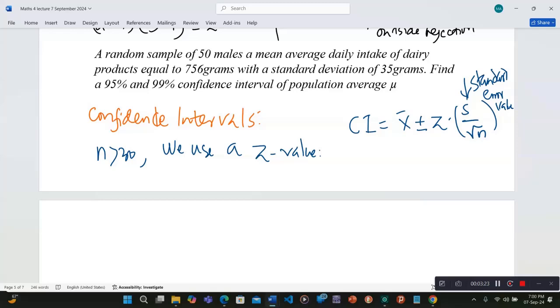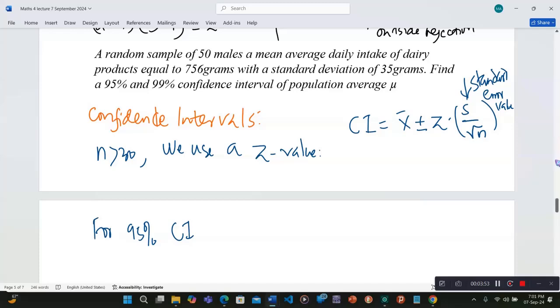So you have to determine, first of all, the mean is known, you know the standard deviation, but you don't know the z value. So our task here is to look for the z value. First of all, let's begin with a 95% confidence interval.